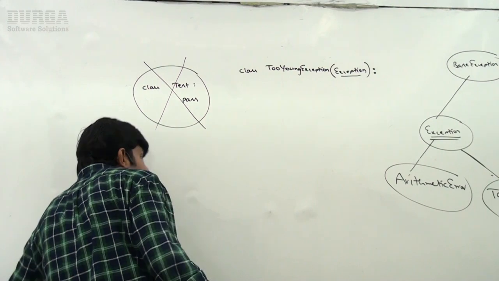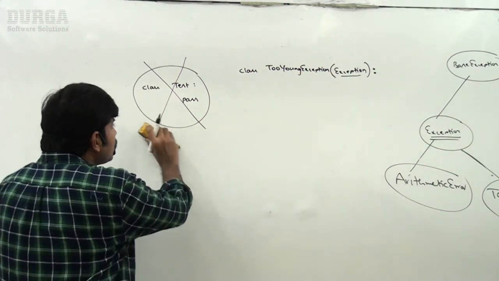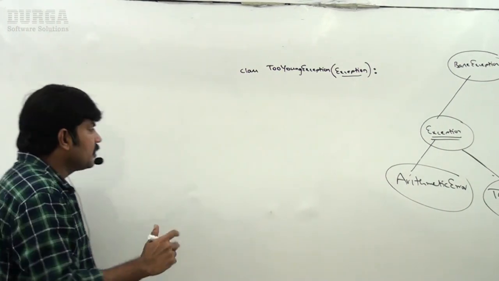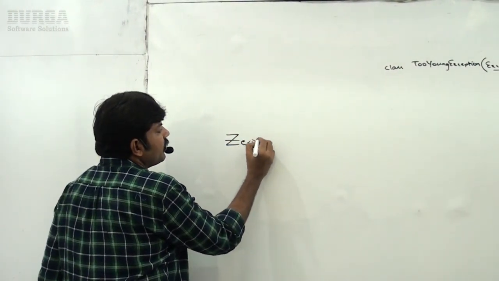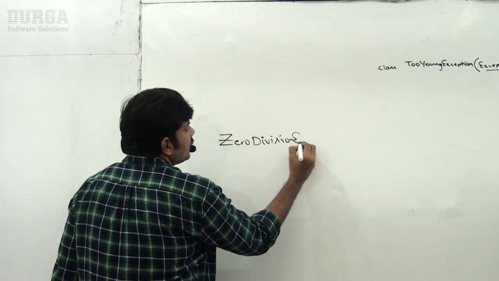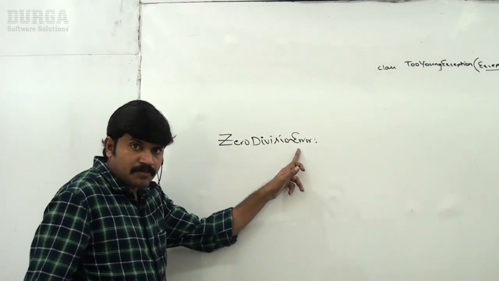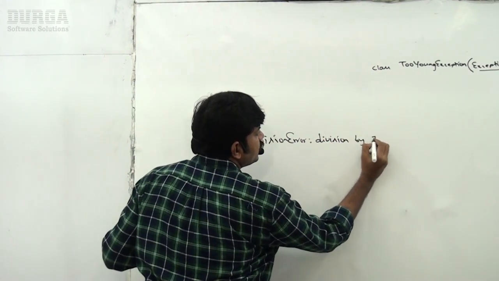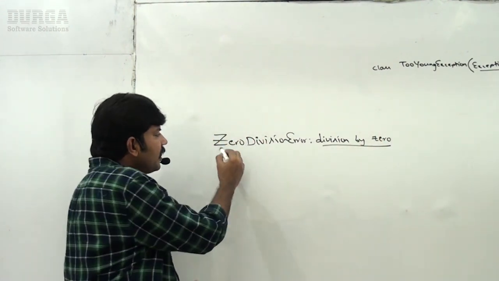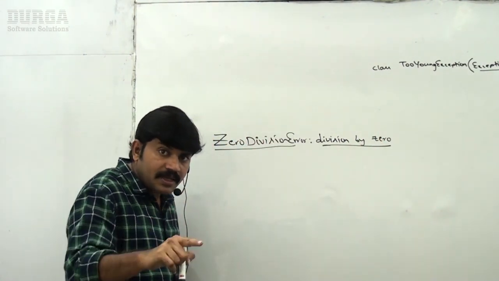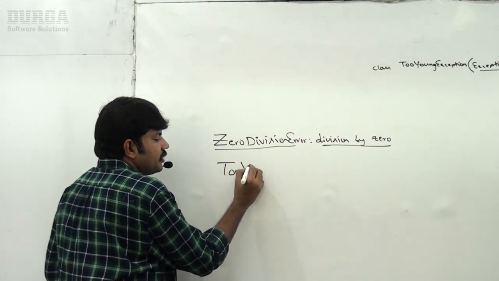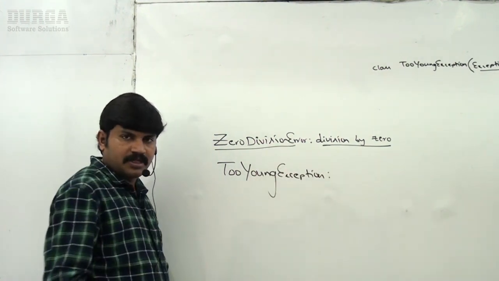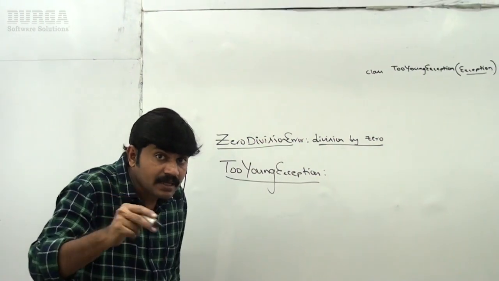Next, I hope you remember, if you want to raise a TooYoungException, your exception may have a description or not. Observe ZeroDivisionError: this is the name of the exception, and "division by zero" is the description. Like this, TooYoungException is the name of the exception, and I want some description also.